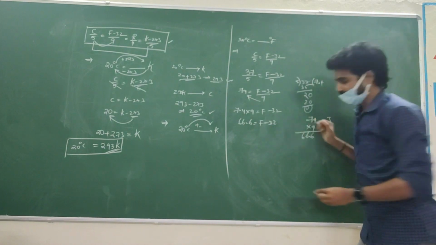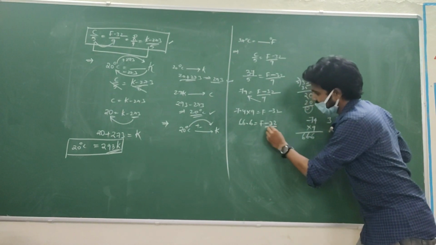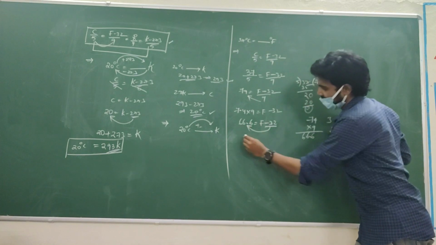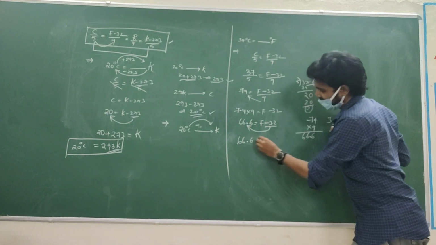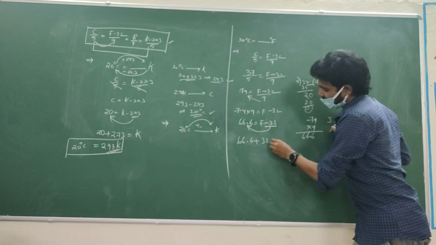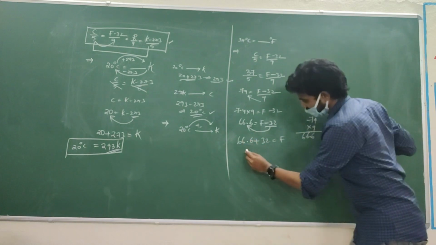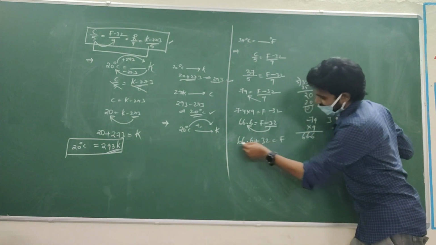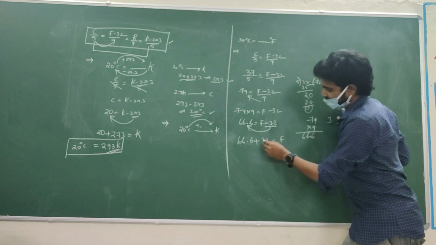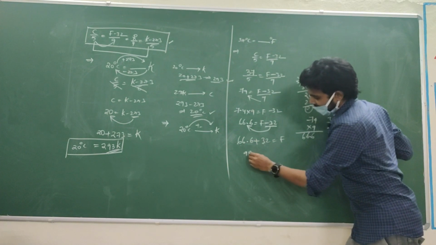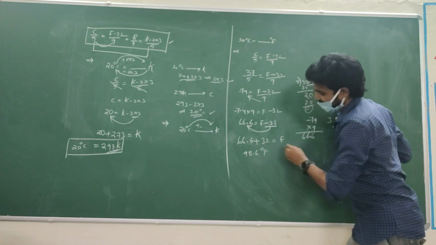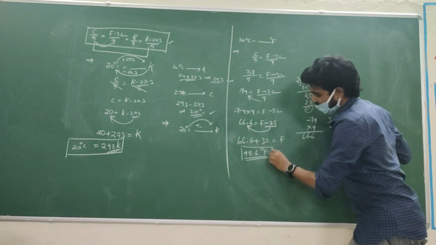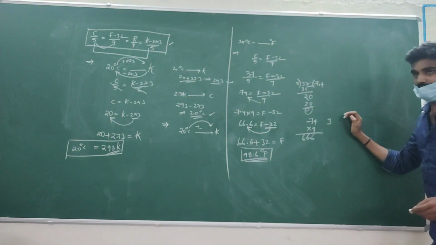Here 32 is being subtracted, so we send this value to the other side. Now 66.6 + 32 = F. If we add, 60 plus 30 is 90, 96 plus 2, it is 98.6 degrees Fahrenheit. This is the healthy human body temperature on the Fahrenheit scale.